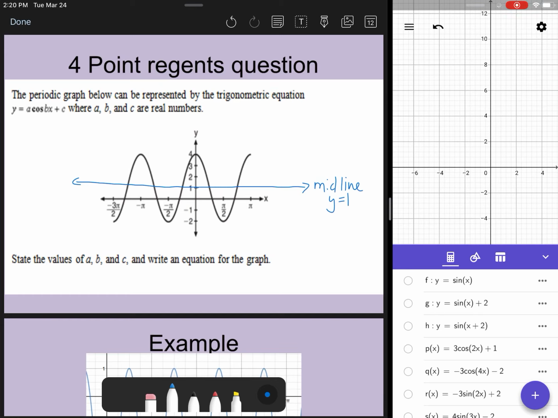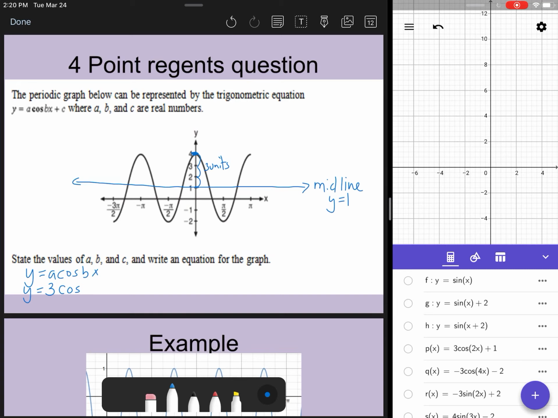And in this case, the midline is y equals 1. That's the equation of the midline. From there, if I count up to the top of the graph, I have 1, 2, 3 units. 3 units represents my amplitude. So for y equals a cosine bx, I know that my amplitude is going to be 3.